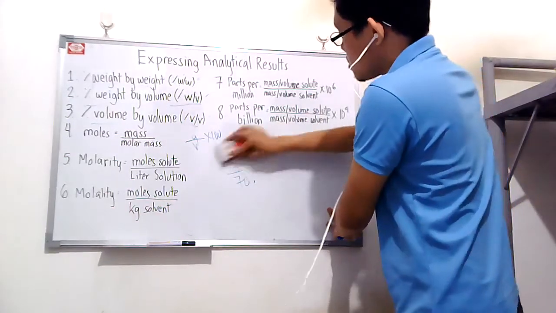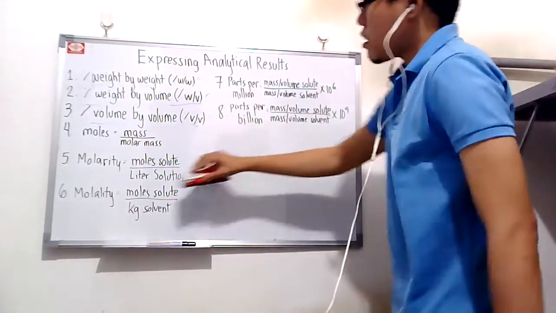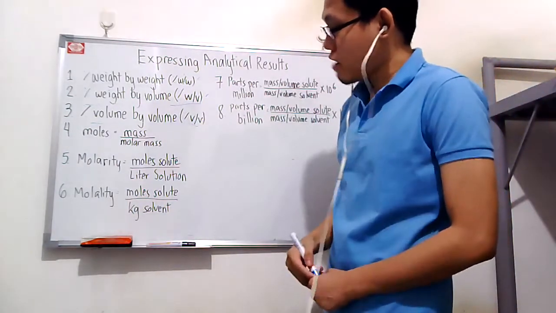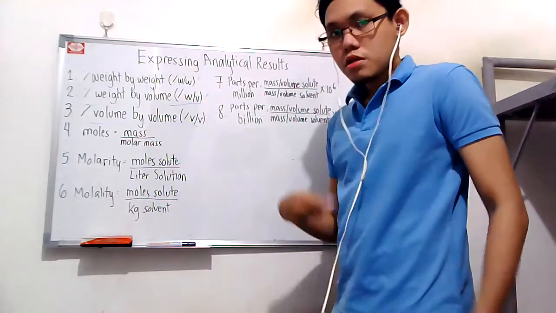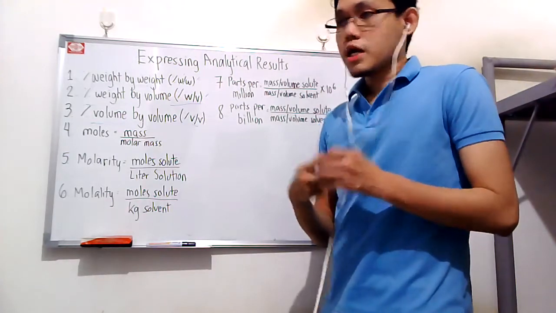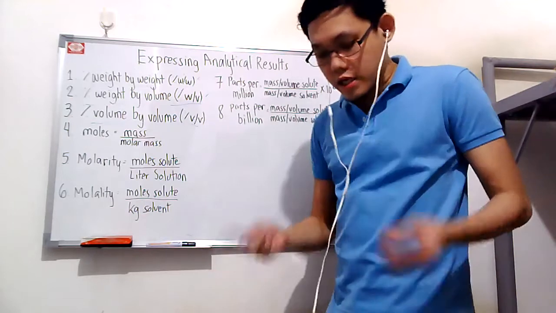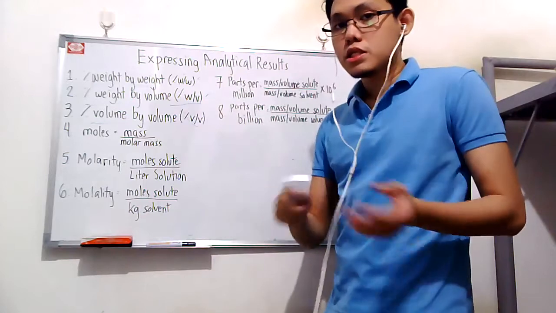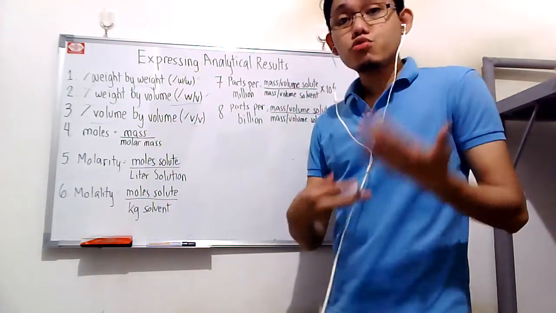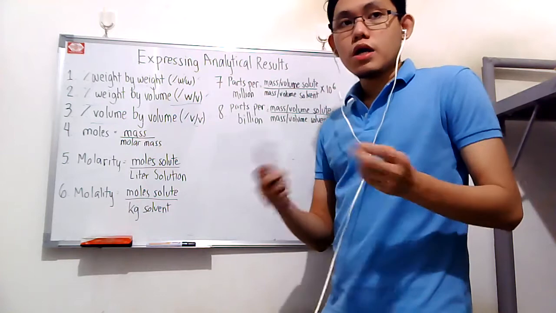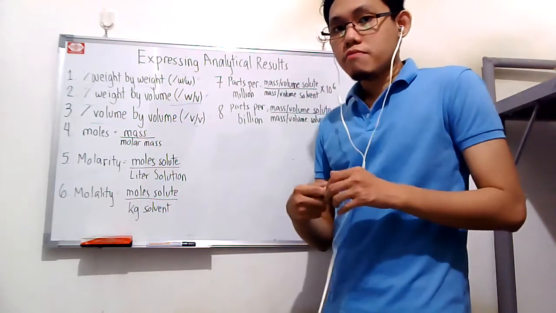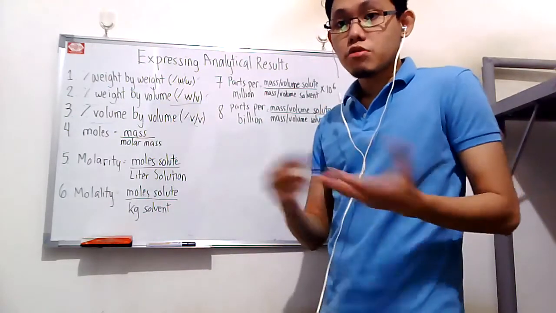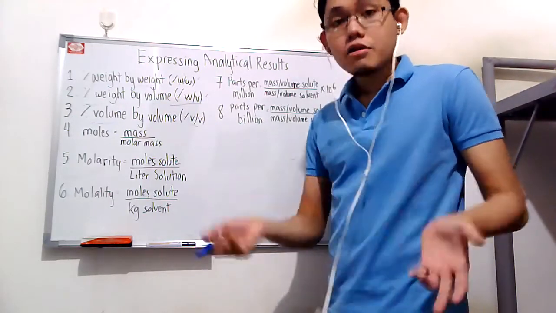Now, after percent weight by weight and volume by volume, you have moles. Moles do not clearly represent your sample, but they are usually used to determine the value of your analyte, especially if you have stoichiometric calculations beforehand.